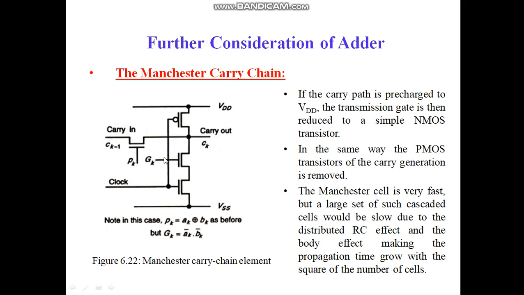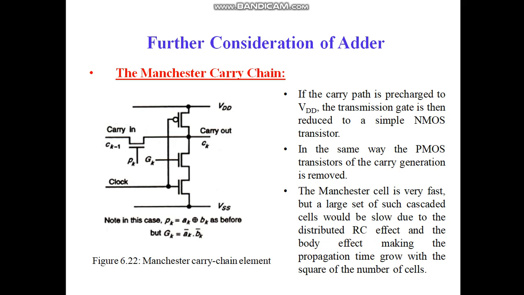Here when clock is equal to 0, the upper PMOS gets charged and the NMOS does not conduct, and the carry out is 1. So based on the inputs during the execution phase, the carry out will be retained in logic 1 state or it will be brought down to logic 0.